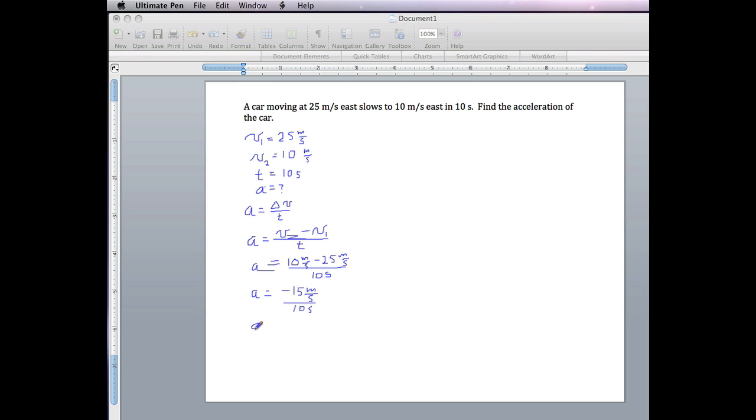When we do that, we get a negative 1.5 meters per second squared.